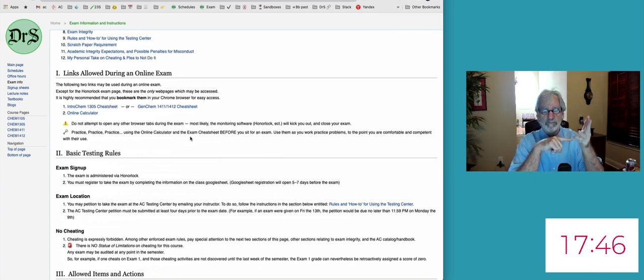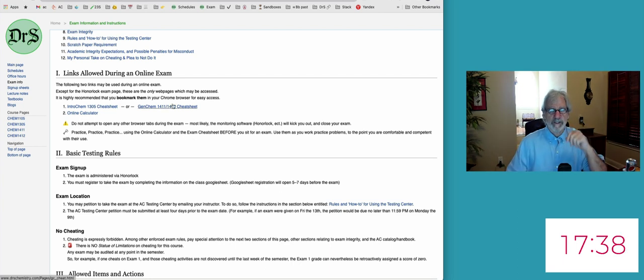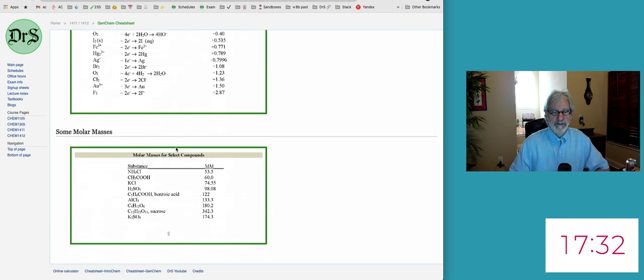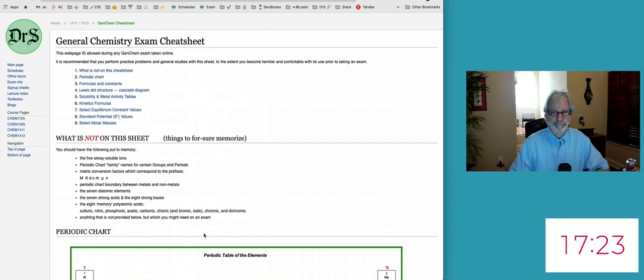So in Blackboard, you will take each exam. You will also be allowed 2 external websites. One of those will be an exam cheat sheet. So you're going to want to bookmark that. And by the way, a link to the Gen Chem cheat sheet is at the bottom of just about every page you go to on this website.